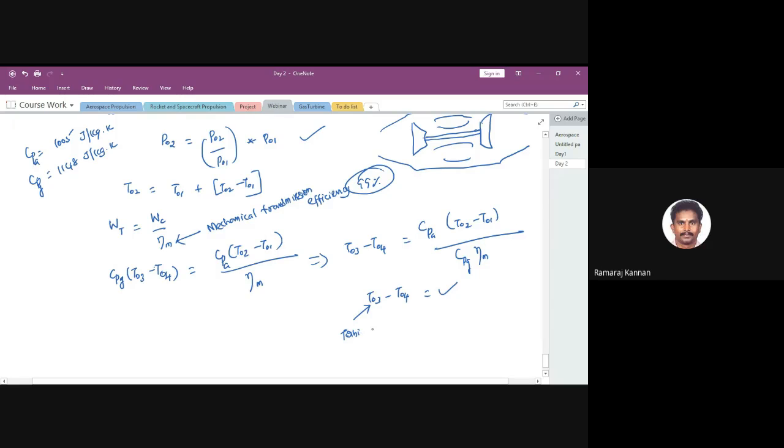Sometimes they used to call this turbine inlet temperature the engine gas temperature, EGT.